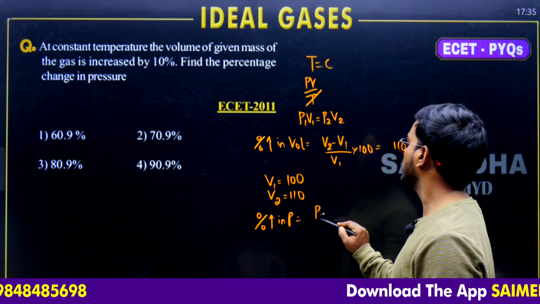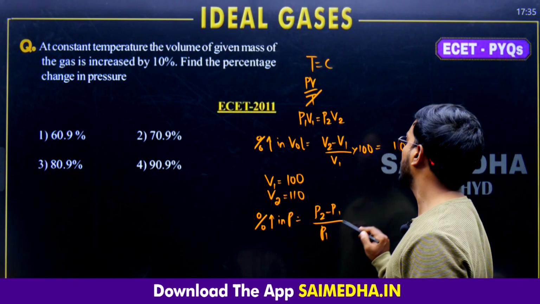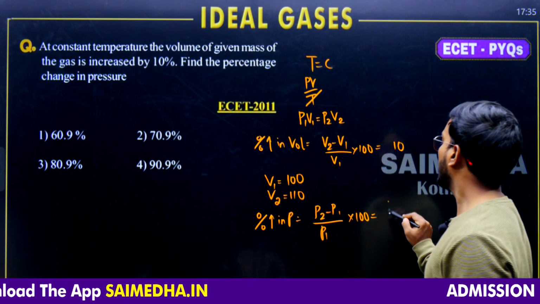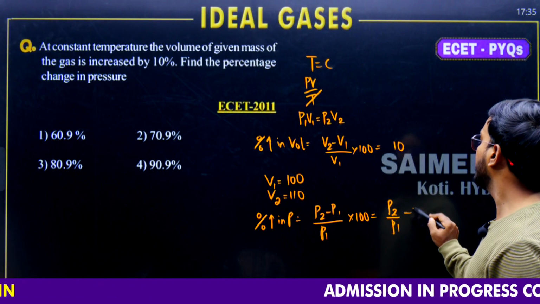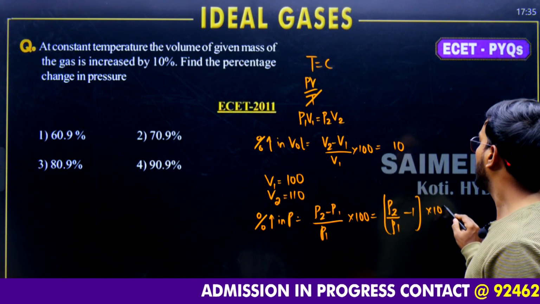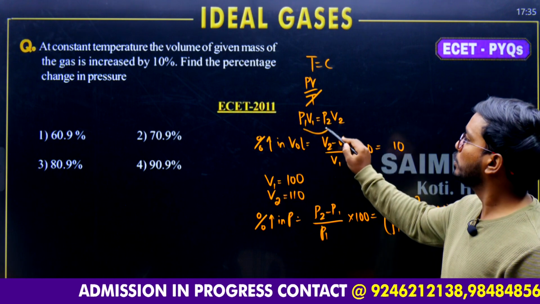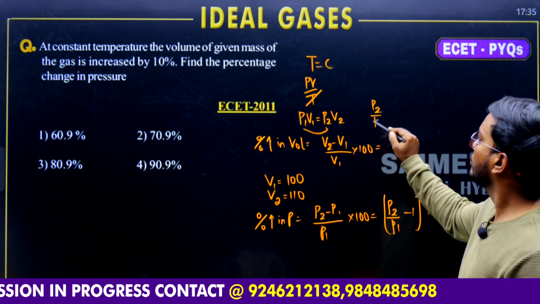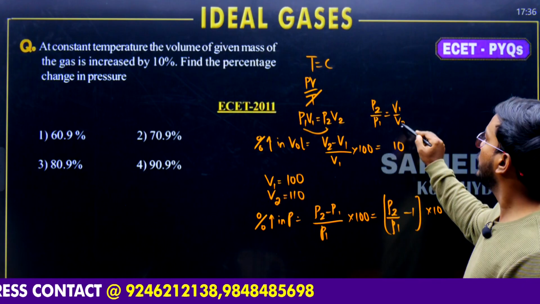Percentage change in pressure is equal to P2 minus P1 divided by P1 into 100. That can be written as P2 by P1 minus 1, into 100, where P2 by P1 is equal to V1 divided by V2.